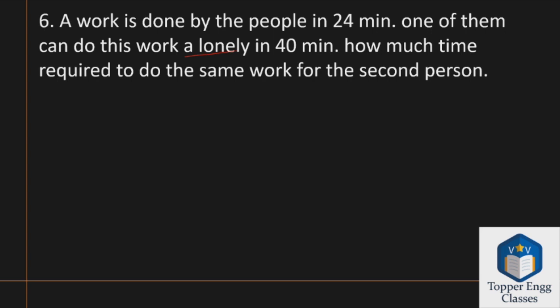Okay. So let A do the work in 40 minutes, that is given here. Let B work in x minutes. The amount of work done by A in 1 minute equals 1 by 40.